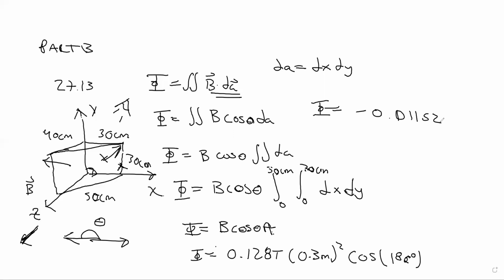Negative 0.01152. Why am I getting an O? Okay. There we go. So it was my answer, right? I just plugged it in again and I got the right answer.